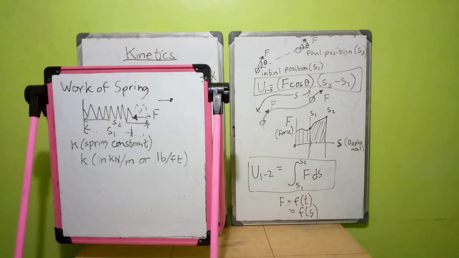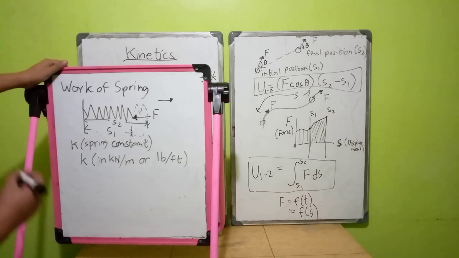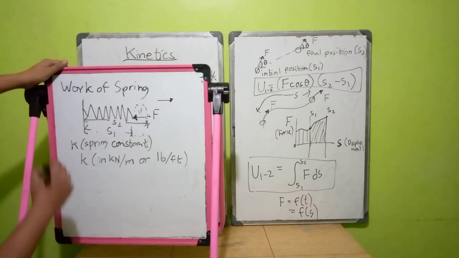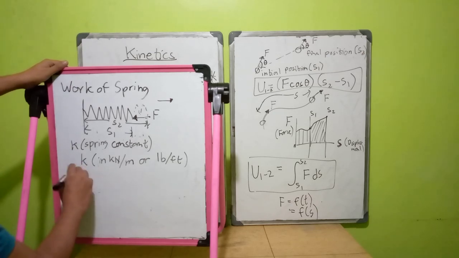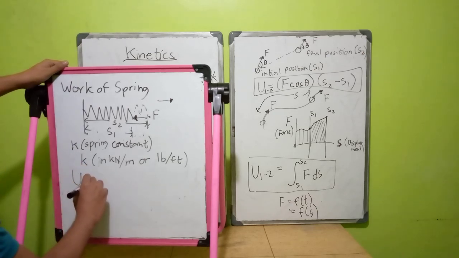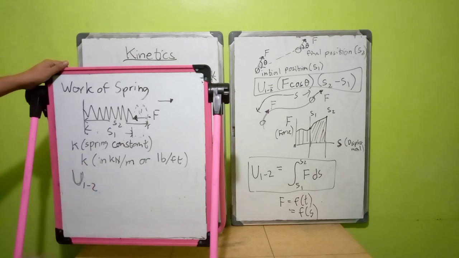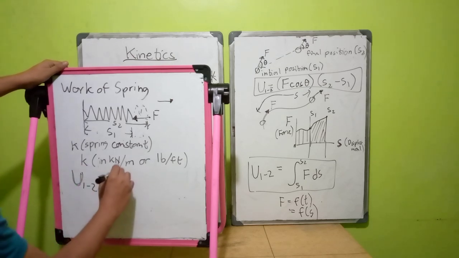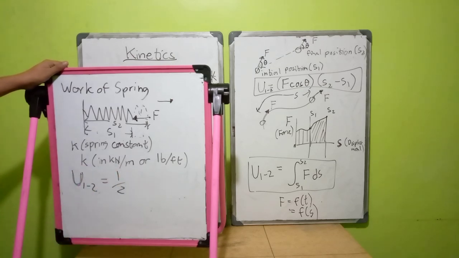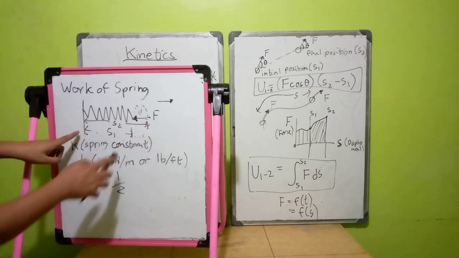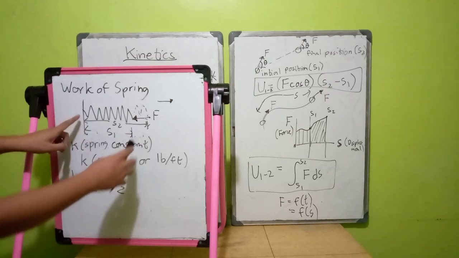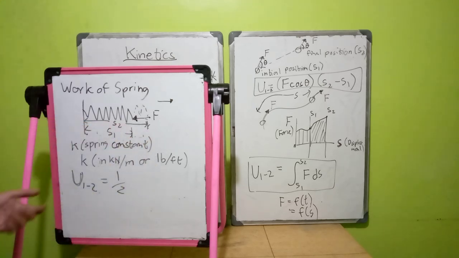Due to this, you can compute the work done by the spring. Let us say U from 1 to 2 for the spring is equivalent to one half. Let us say you have an initial position of S1 and a final position of S2.